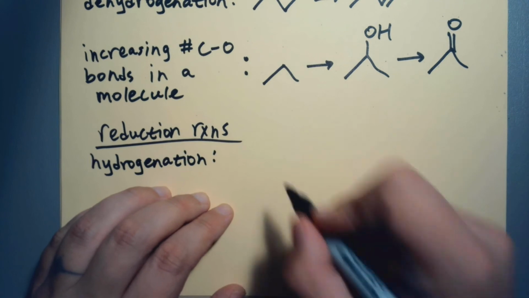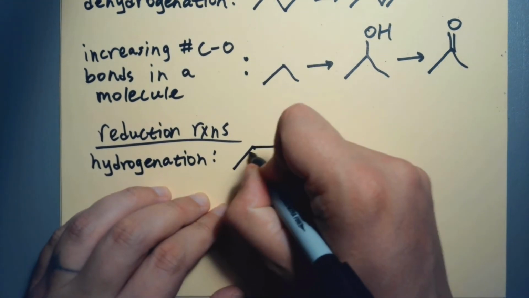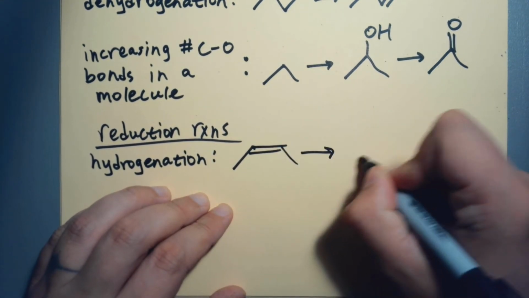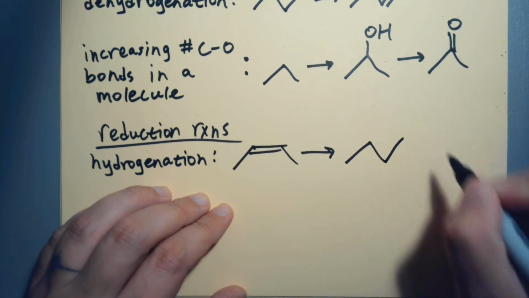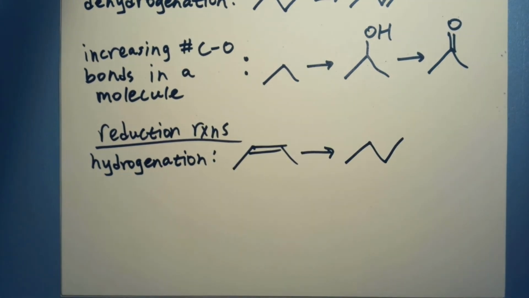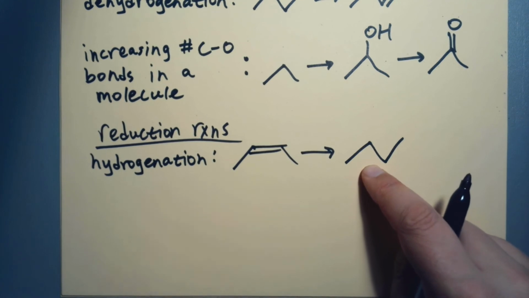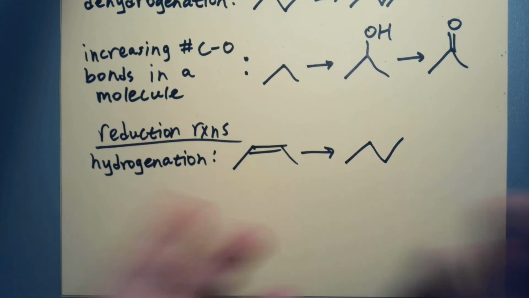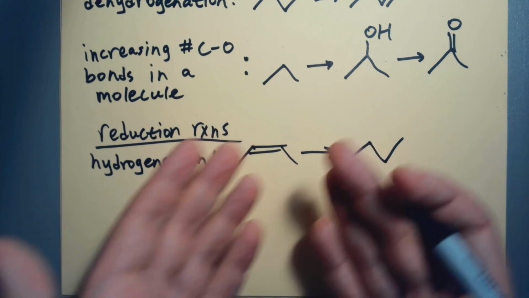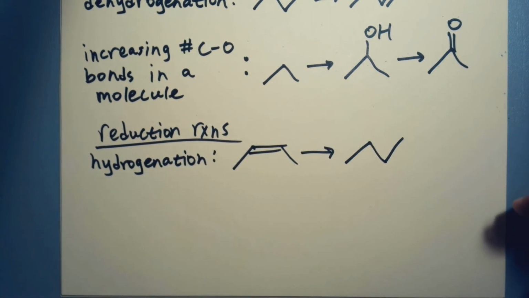And so, maybe you have something like that, and it becomes something like that. So my double bonds become single bonds. And so there's some hydrogen gas or something being involved, something that's carrying hydrogen in this reaction.